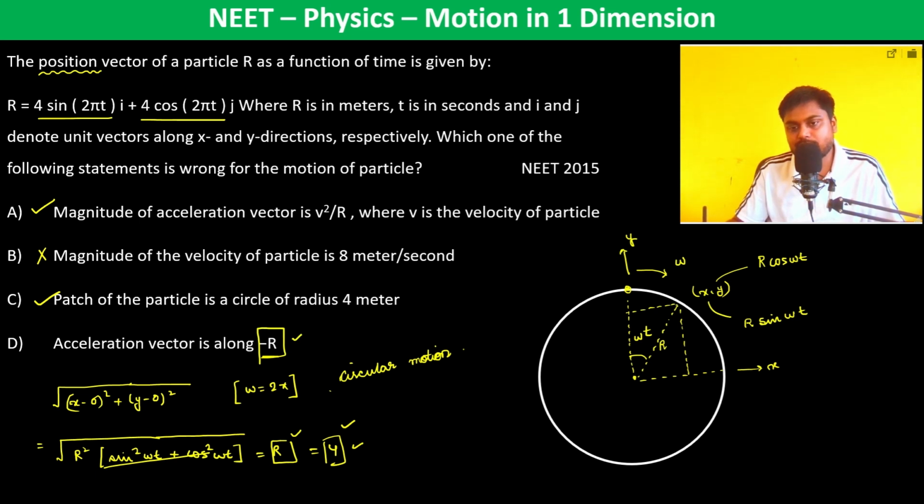This is the r vector, and acceleration is going to be in this direction because it is a centripetal acceleration which is directed towards the center. So yes, it's going to be along minus r. So r vector is this, minus r is this. So yes, this is also true. Now the question is, which of the following statements is wrong for the motion of the particle? Therefore the B option is wrong. A and C are correct, so we have to take the B option.